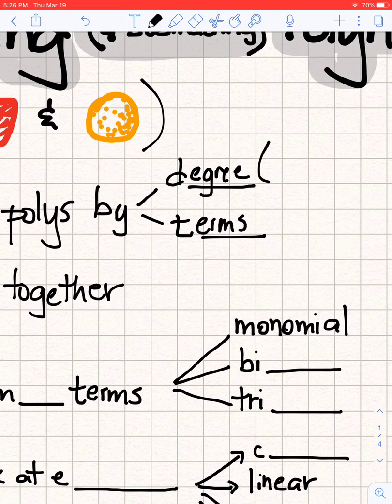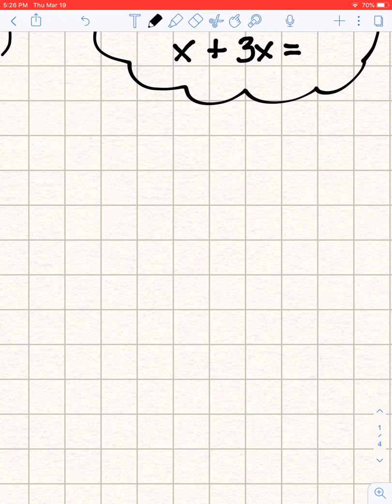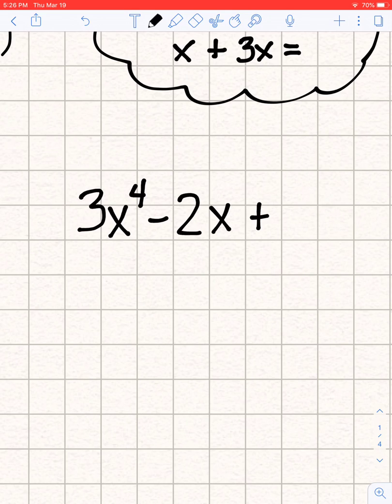A degree is referring to the exponent, and the terms are referring to looking for plus or minus signs, and that tells you how many terms there are in each one. For example, let's just write out a polynomial here. Let's say we had 3x to the fourth power minus 2x plus 1. Here we have three terms, and in each term we have some numbers.